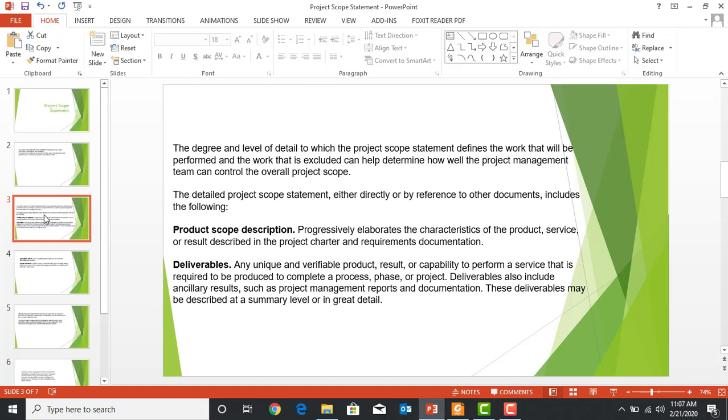Deliverables also include results like project management reports and documentation. So not only are we coming up with prototypes or models or phases, it can also be our documents or our reports. These deliverables may be described at a summary level or in great detail.